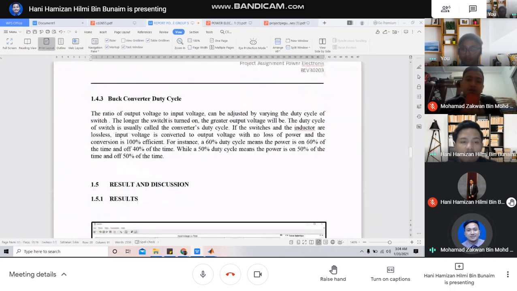After that, I will explain about the buck converter duty cycle. The ratio of output voltage to input voltage can be adjusted by varying the duty cycle of the switch. The longer the switch is turned on, the greater the output voltage will be. The duty cycle of the switch is usually called the converter duty cycle. If the switch and the inductor are lossless, input voltage is converted to output voltage with no loss of power and the conversion is 100% efficient.